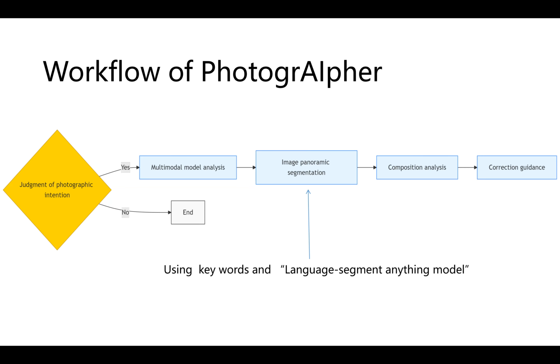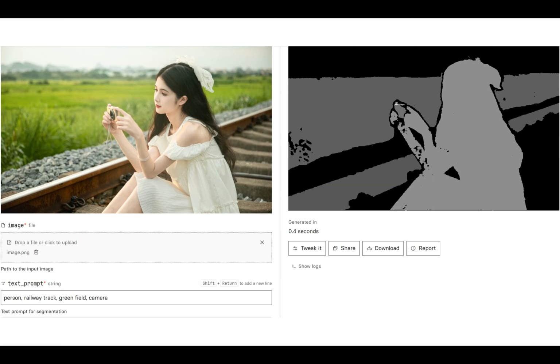Okay, so after we have done the analysis, we can do the segmentation. We just got the keywords from the multimodal model, right? And now we're gonna input the keywords to the so-called language segment anything model. I will still use the example.